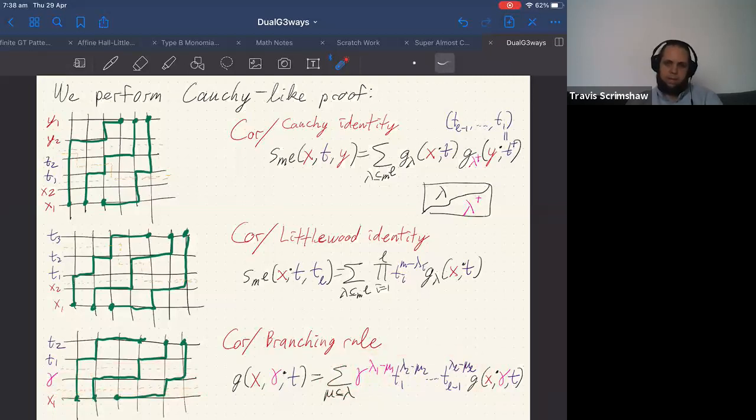And that's what this is counting, these extra coefficients up here. So we get a lot of identities more or less for free by using these techniques from solvable lattice models.